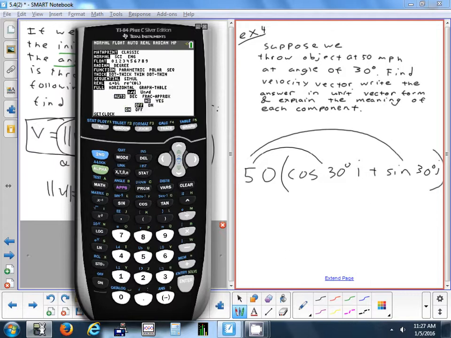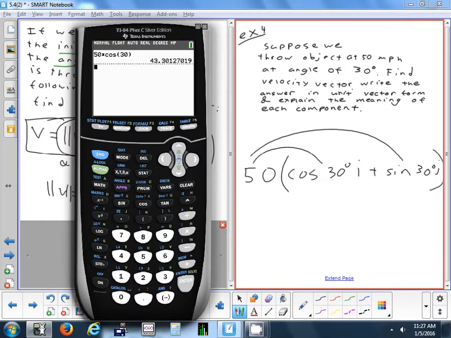We're going to be in degrees. Just make sure you're in degrees first. So I'm going to find 50 times cosine 30. Just type it in just like that.